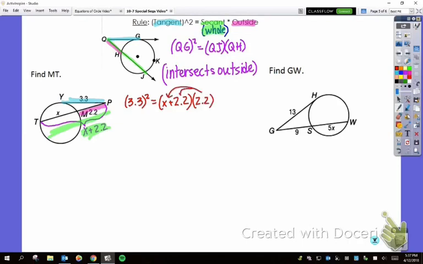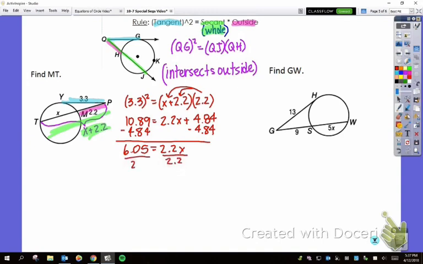We're going to distribute on this side. When we multiply 3.3 squared, we get 10.89 equals 2.2x plus 2.2 times 2.2 is 4.84. We're going to subtract 4.84 on both sides to get 6.05 equals 2.2x.